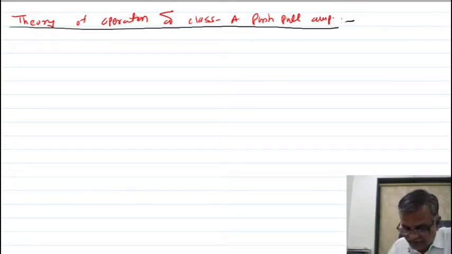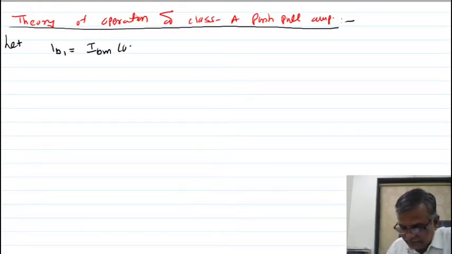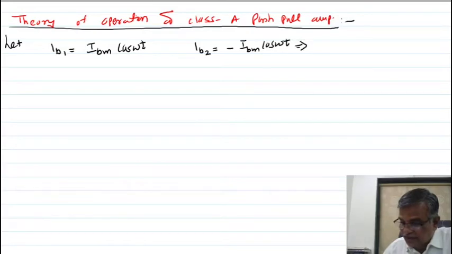So let us assume the base current for the first transistor is given by this equation. So naturally the base current 2 is opposite to this. So I am writing like this. It is nothing but IB2 is nothing but IBM cos(omega t plus pi).